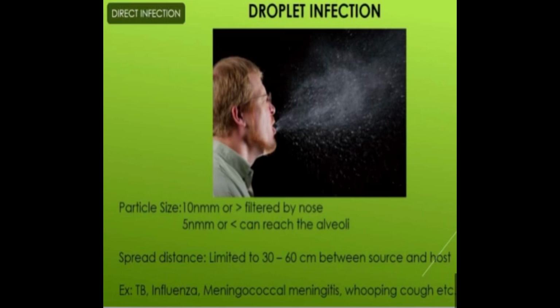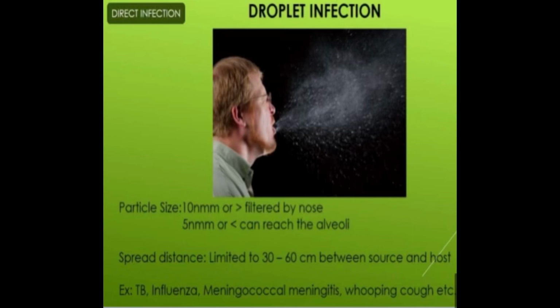So we should always cover our mouth with a handkerchief or a cloth so that it cannot spread to other people. Some of the diseases like tuberculosis, influenza, meningococcal meningitis, and whooping cough are examples.